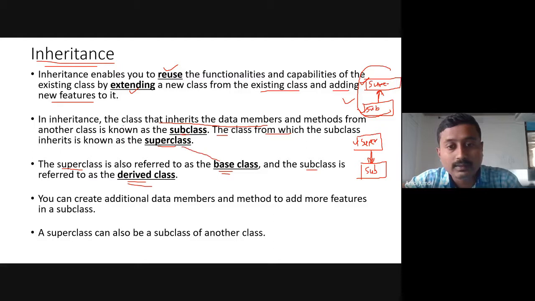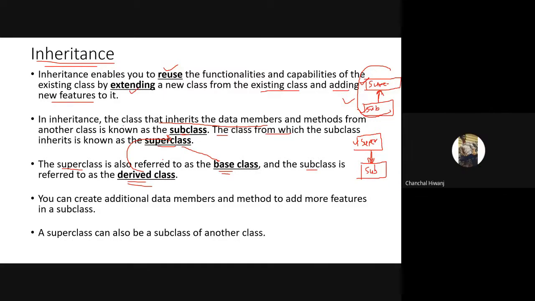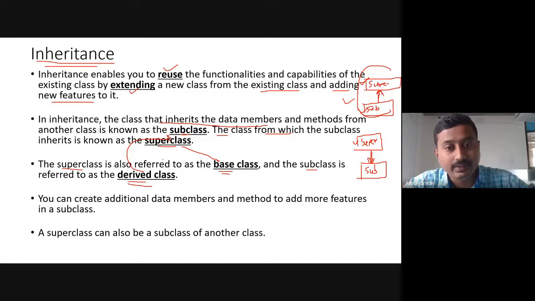Parent and child, right? So the base class is also known as a parent class, and the derived class is also known as a child class.